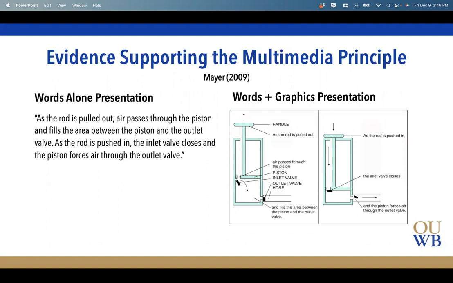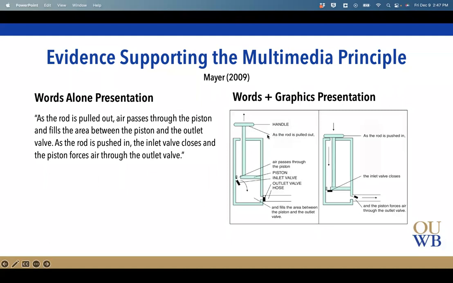Conversely, he had another group of students who saw the exact same text. So if you read the text on the left and you read the text on the right, it's exactly the same. What's happening though is the text on the right is paired with an image. It also is in line with the contiguity principle, specifically the spatial contiguity principle, in that the text is broken up.